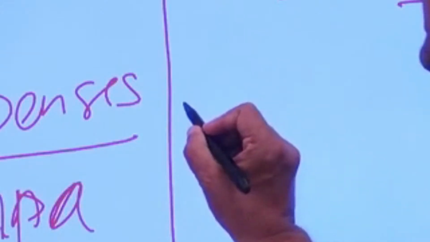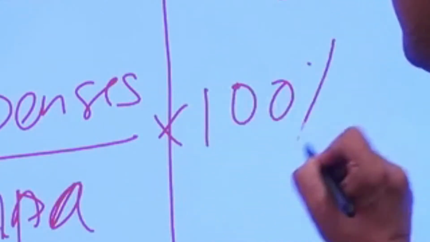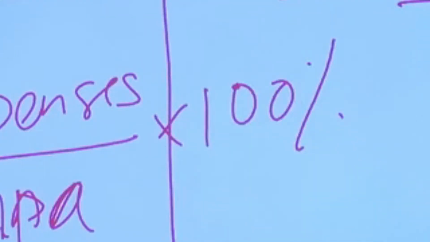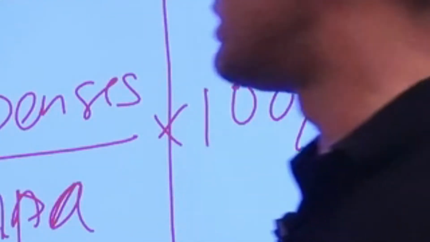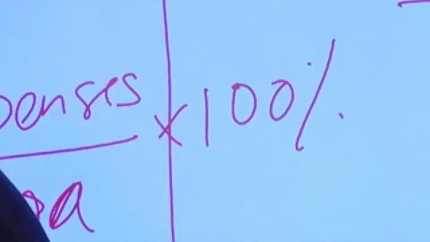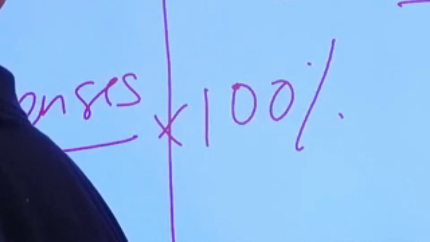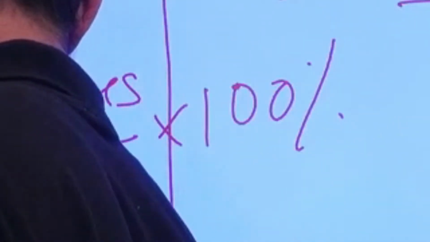So loans minus NPA, and everything is multiplied by 100, always remember, because we require it in percentage. So, 100 minus 30, divided by 40 minus 5. So 70 upon 35.